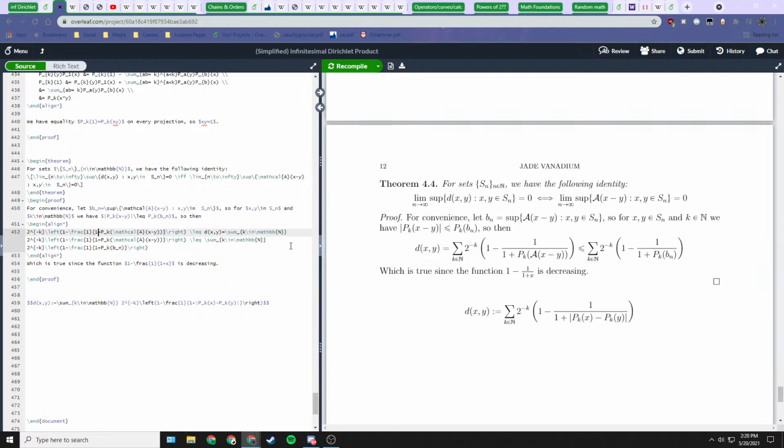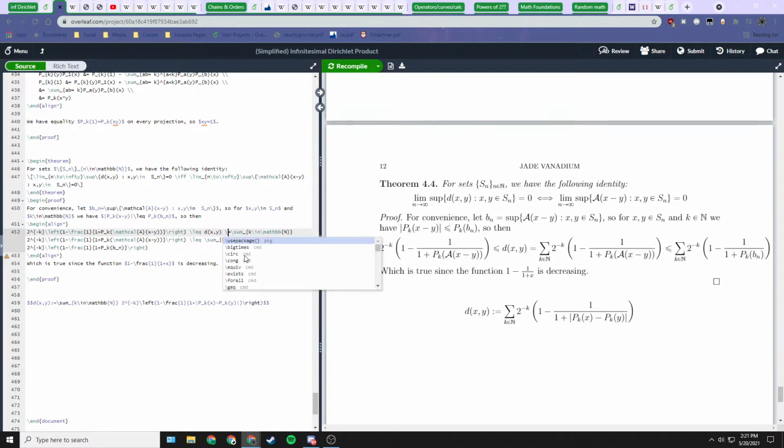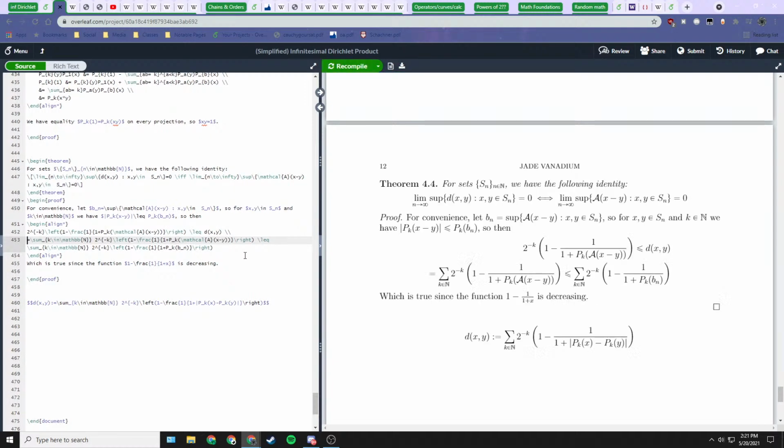Let me see how that works out on the spacing. Okay, let's put that as an equality there.